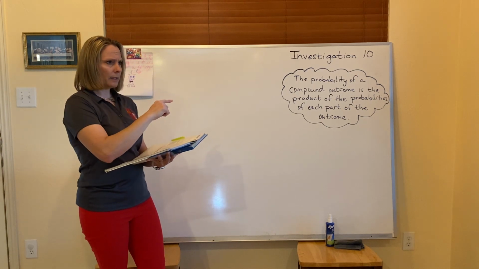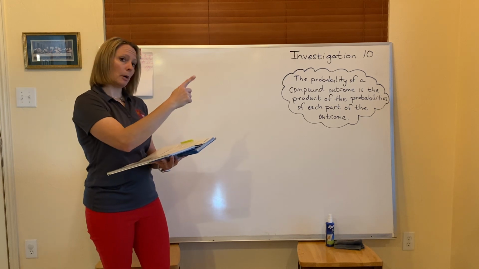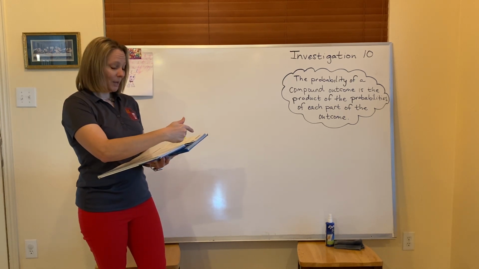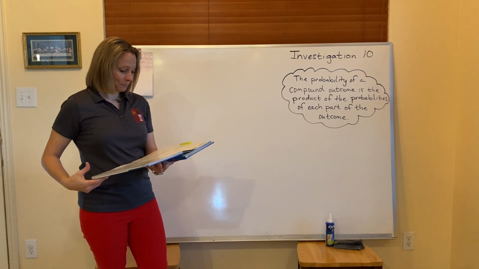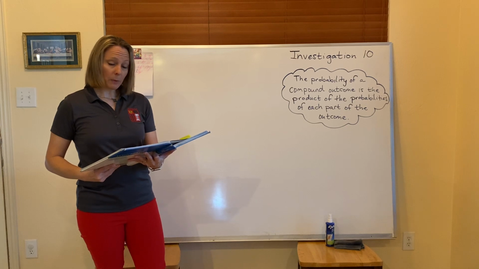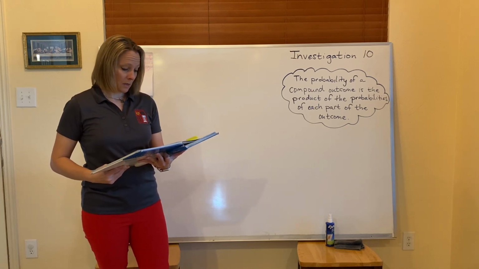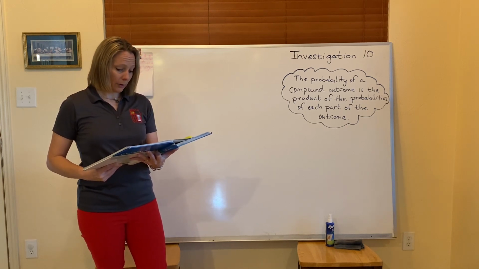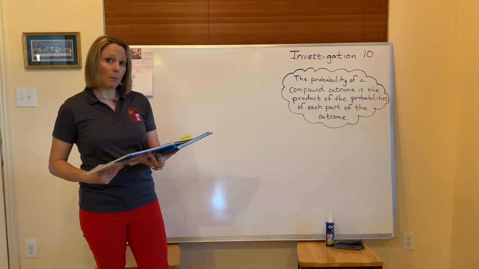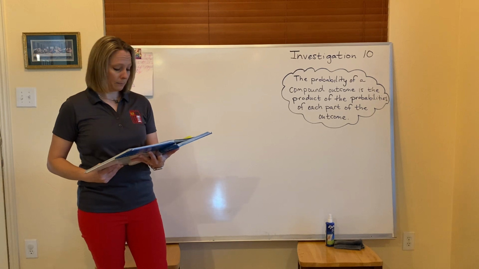If we spun and landed on B, we could draw a blue marble or a white marble. If we spun and landed on C, we could draw a blue marble or a white marble. So each branch of the tree corresponds to a possible outcome. There are 3 possible spinner outcomes, and for each spinner outcome, there's 2 possible marble outcomes, right, blue or white.